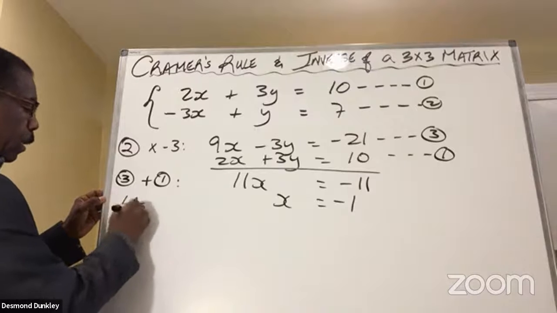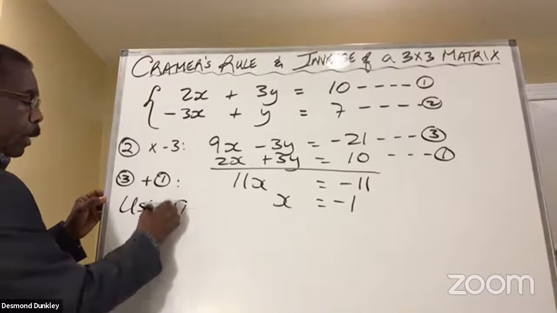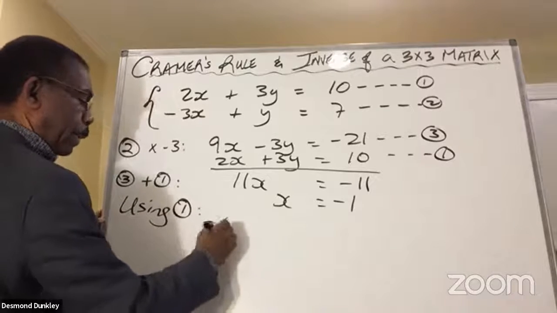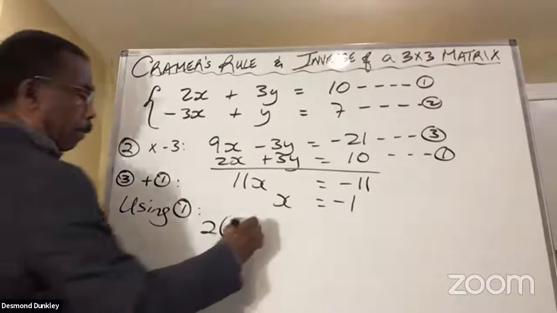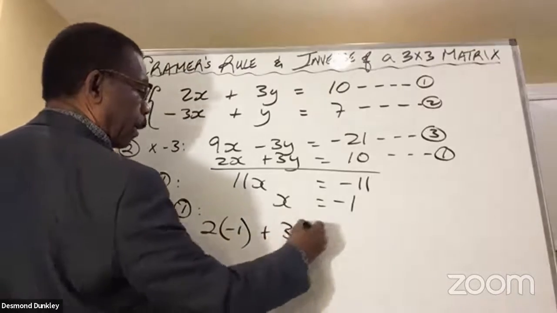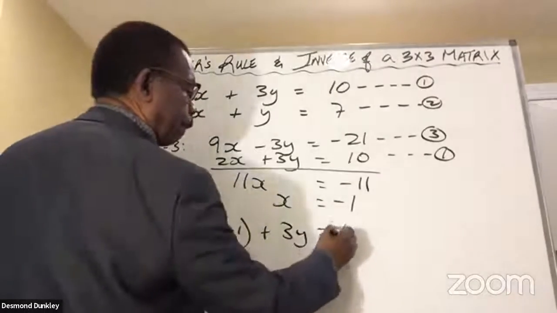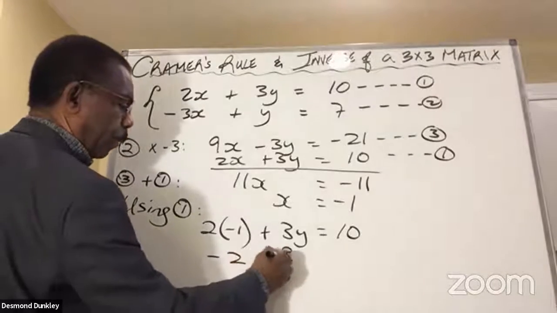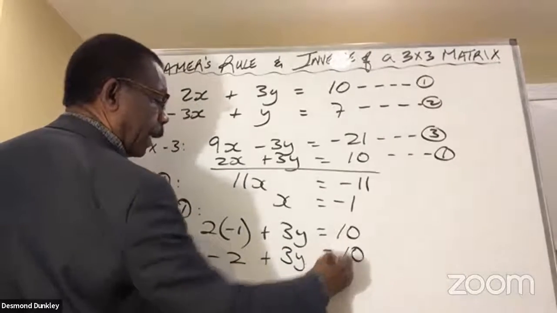So here we go. Using equation 1, I have 2 times x plus 3y is equal to 10. That is negative 2 plus 3y is equal to 10.